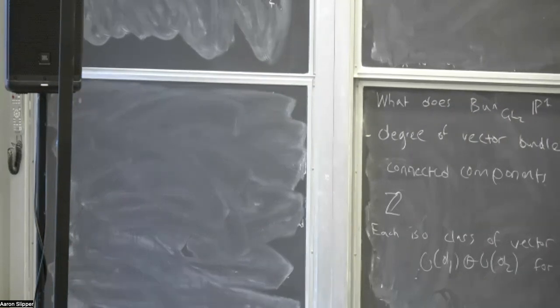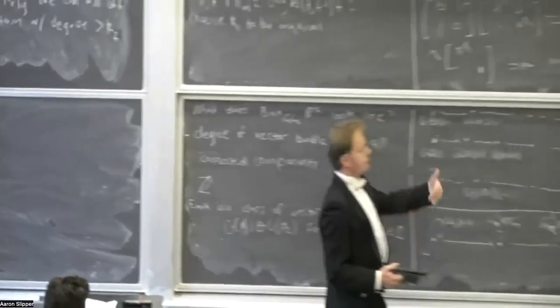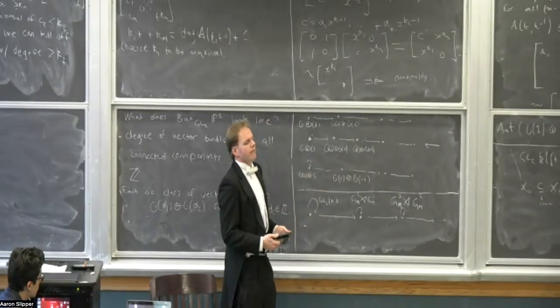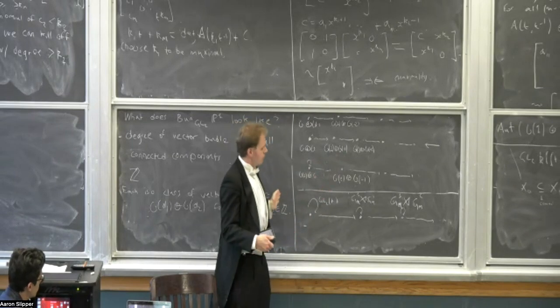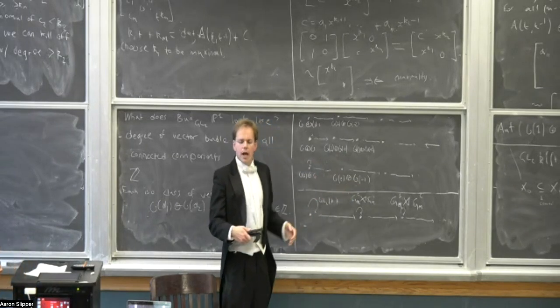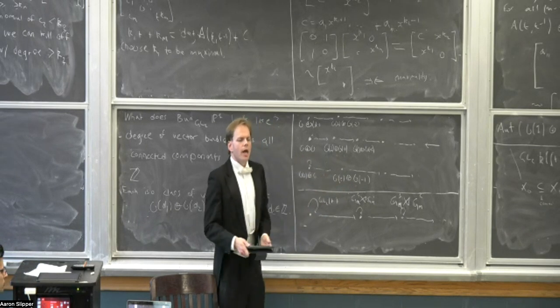This would count for 1 over the order of this group, so on and so forth. So you can actually explicitly compute, and this is only one component of Bun_GL2, let's say semi-simple, you could compute the so-called Tamagawa number this way. And this is the mass of Bun_G.